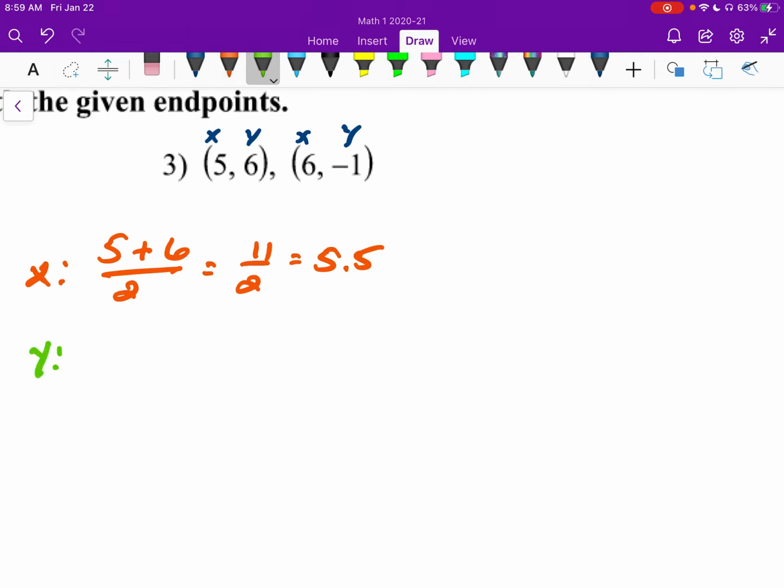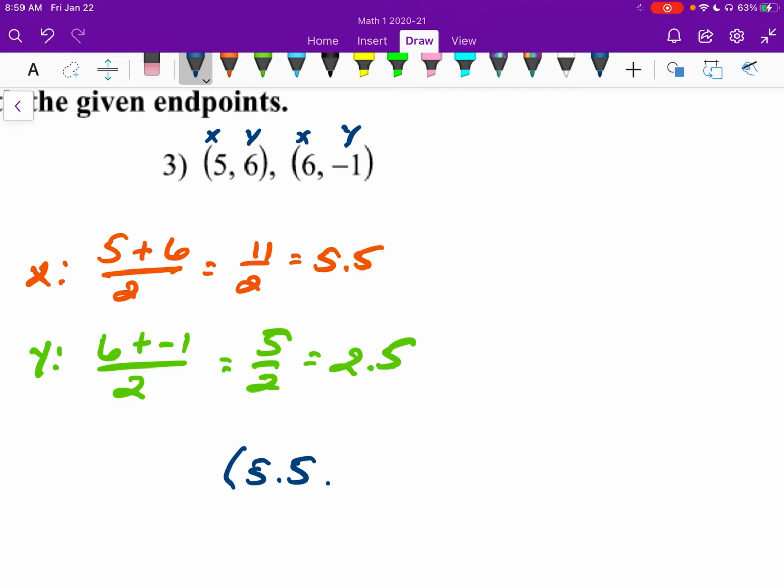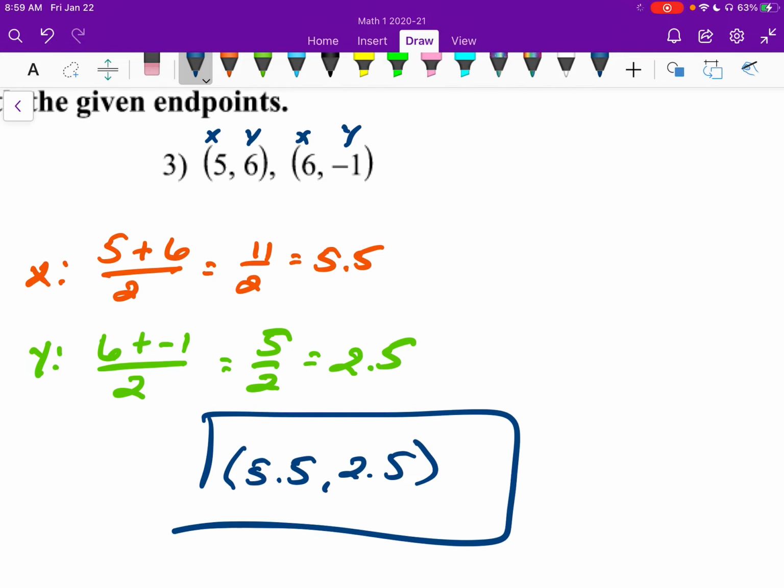For my y, it's 6 plus -1 over 2, which is 5 over 2, which is 2.5. So my final answer, my point, is 5.5, 2.5. That's my midpoint, the middle of those 2 points.